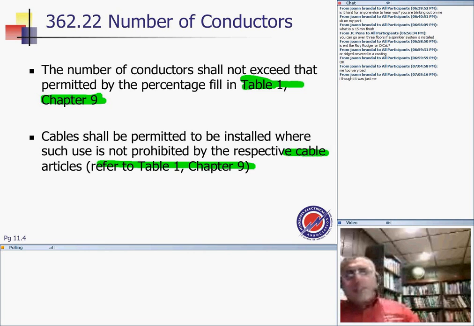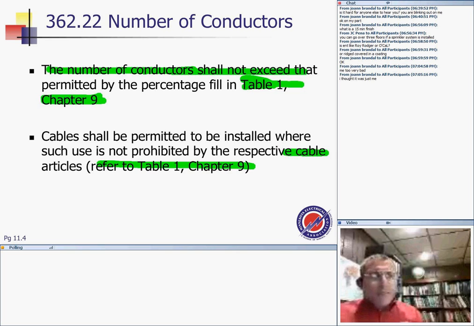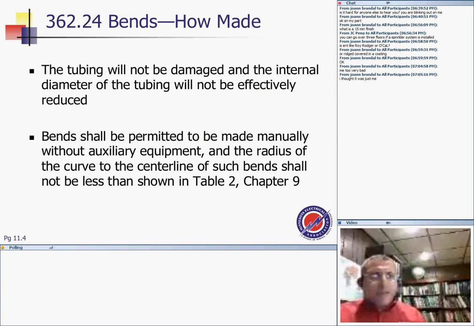I emphasize, you can put multi-conductor cables in the conduit or single conductor cable. A single conductor cable is called a conductor. A multi-conductor cable is called a cable. You can fit both in the conduits, and you go to Chapter 9, which we will be visiting shortly.